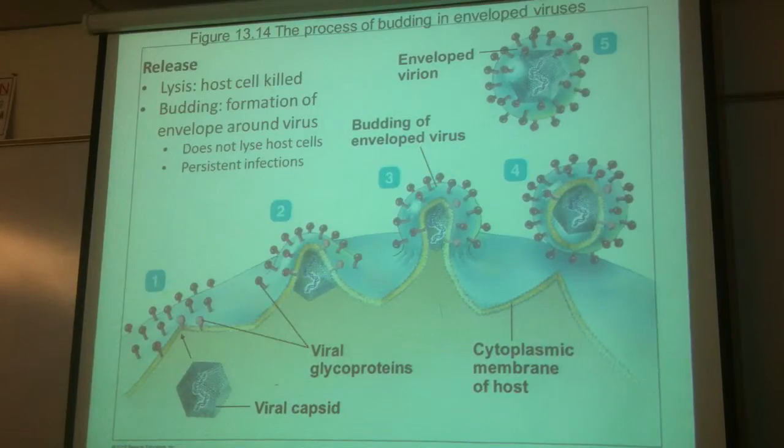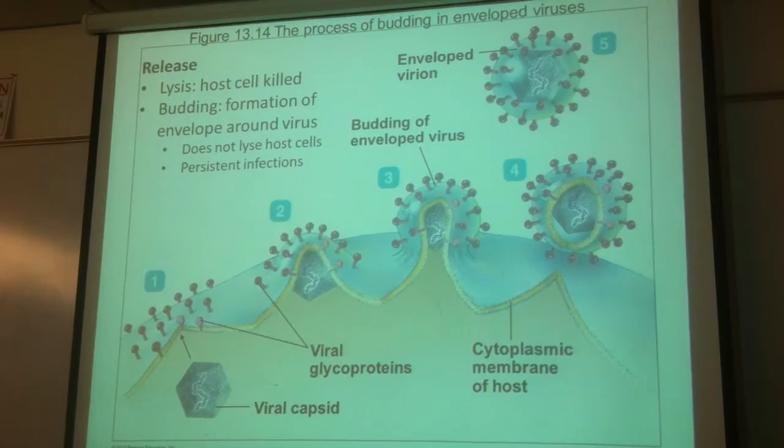Okay, so budding forms the envelope around the viruses. If you're budding, you're not going to lyse the host. This ends up being more of a persistent infection, so it can keep shedding more and more virus, because if you don't actually destroy the genome, you just hijack some of the parts, then you can keep having it make more and more of your virus.